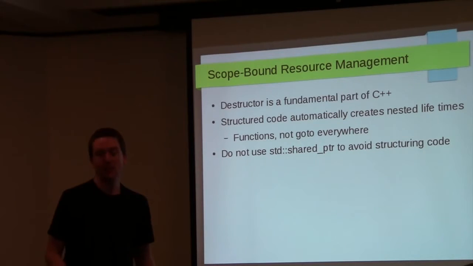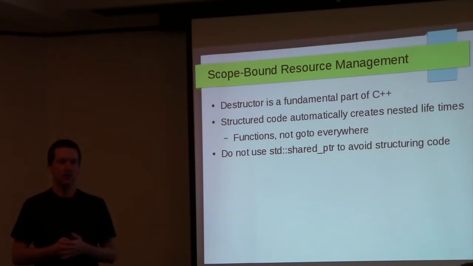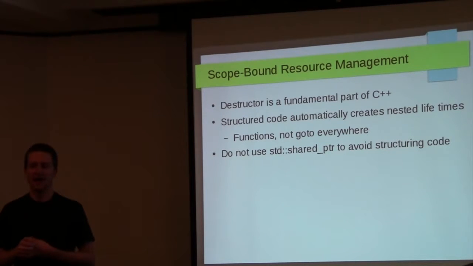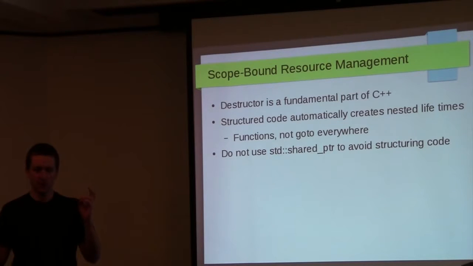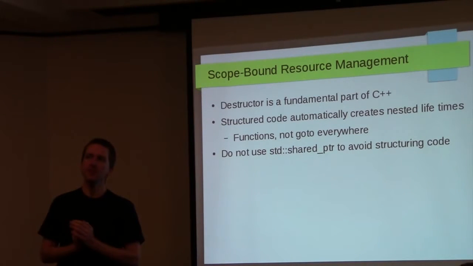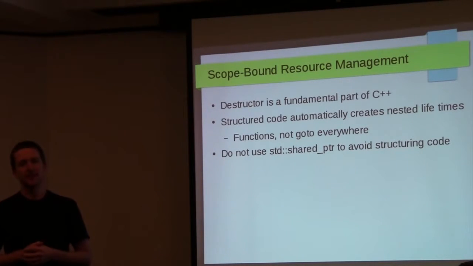So shared pointer, in many ways, unstructures structured code. The reason is that code somewhere else could be making modifications in the middle of your code, so to speak. And a lot of people seem to use std::shared_ptr as a way to avoid structuring their code.